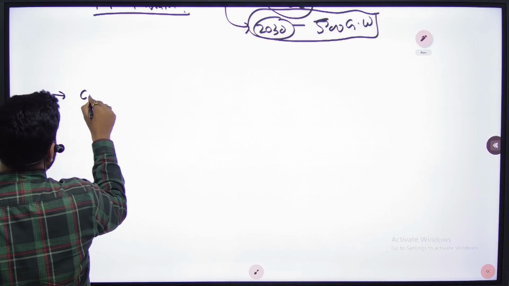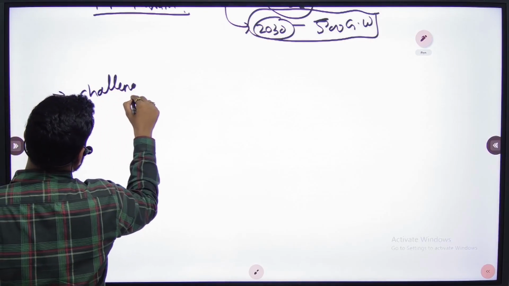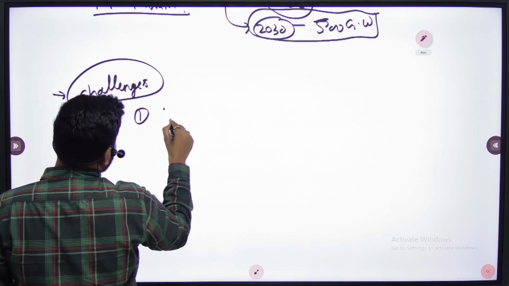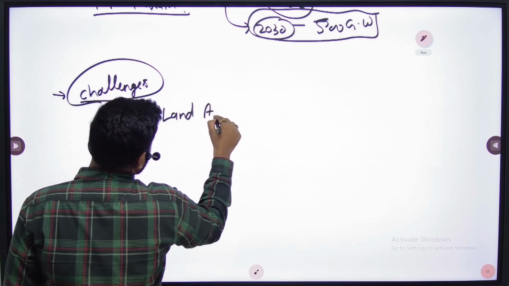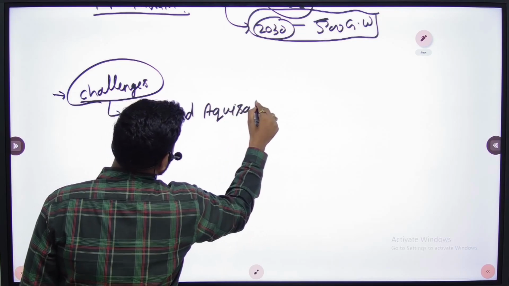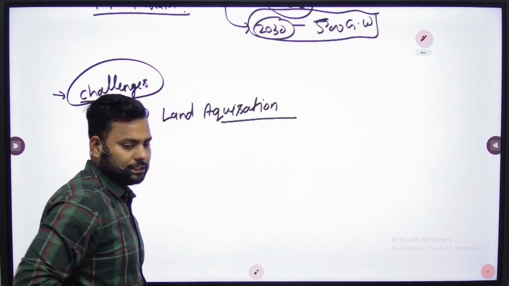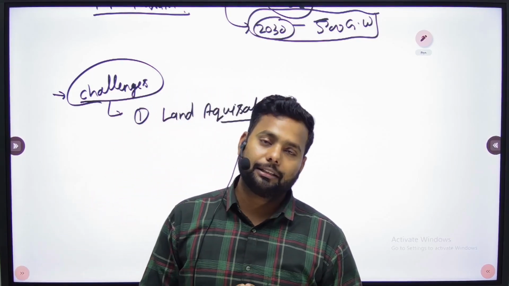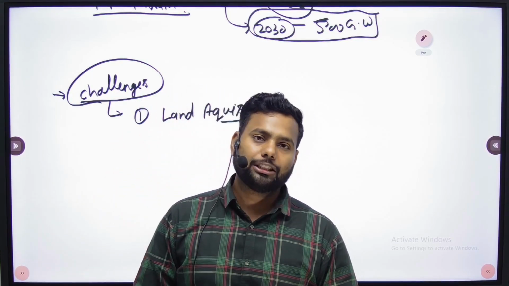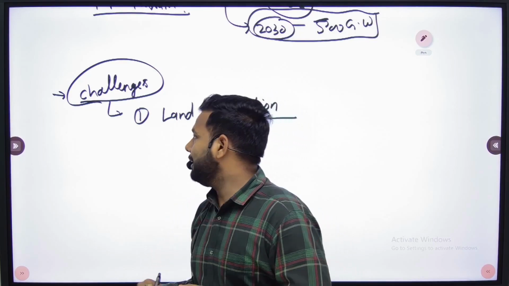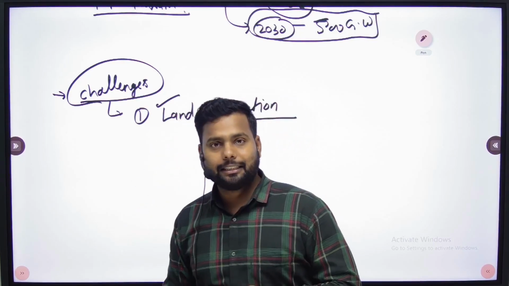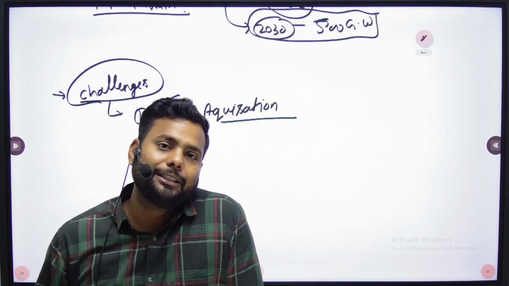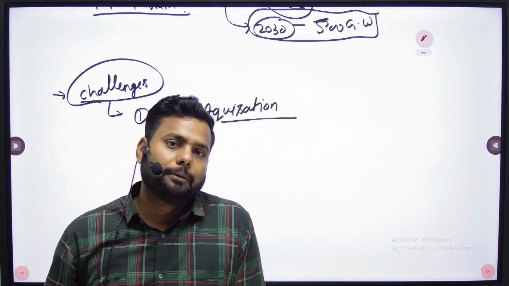Okay, so now you should mention some challenges. The first challenge is the land acquisition challenge. लैंड एक्विजिशन चैलेंज क्या है भाई, कि सबसे बड़ी बात है कि इंडिया में land acquisition को लेकर के बड़ा सारा complex laws बने हुए हैं. Because of this reason land acquisition is not easy, to purchase a land और land acquisition करना और उस पर installation of solar करना solar production के लिए.